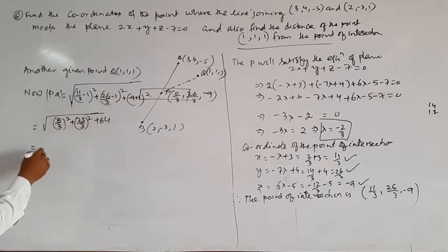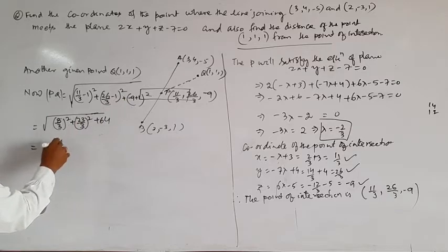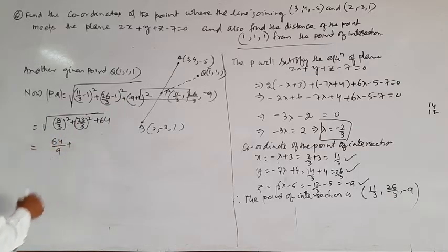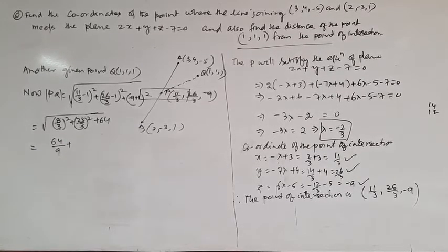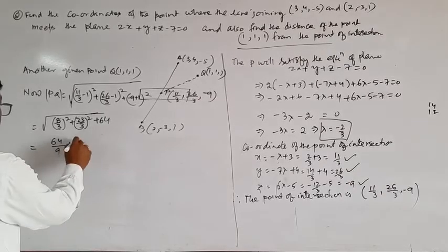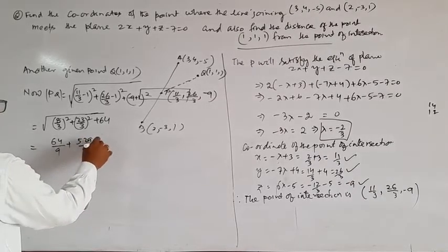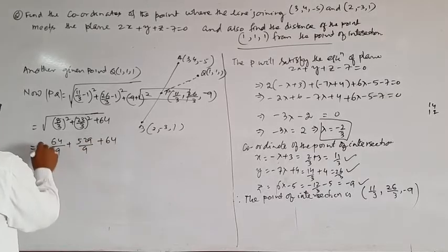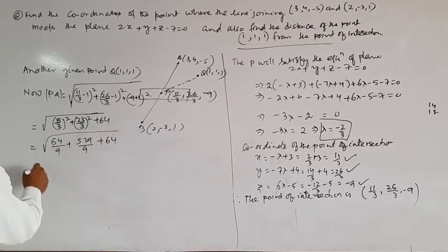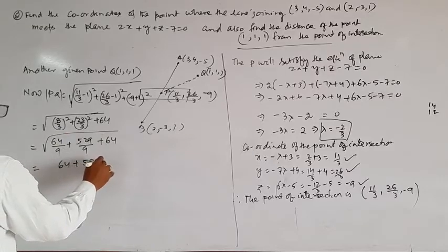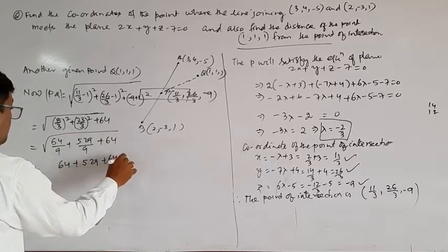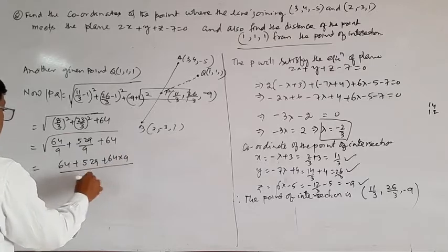So that is 64 by 9 and 23 into 23, 23 square, is 529 by 9 plus 64 whole square. So this is equal to 64 plus 529 plus 64 into 9, whole divided by 9.